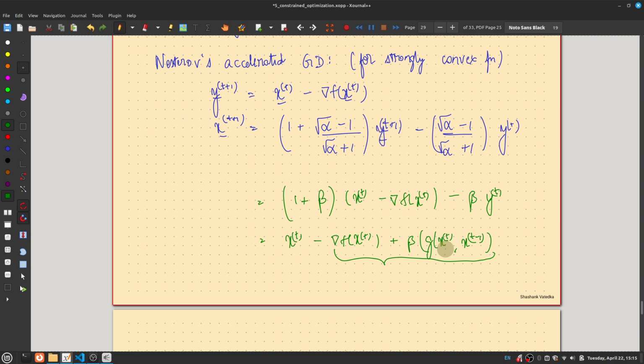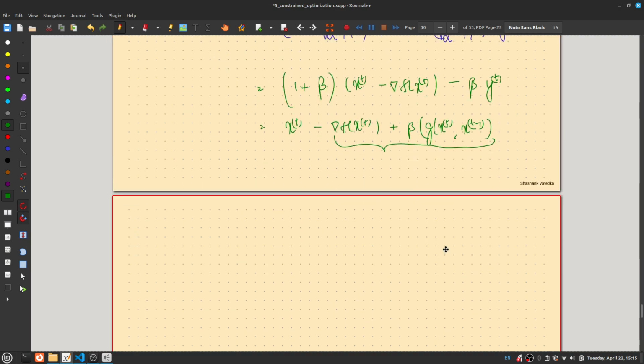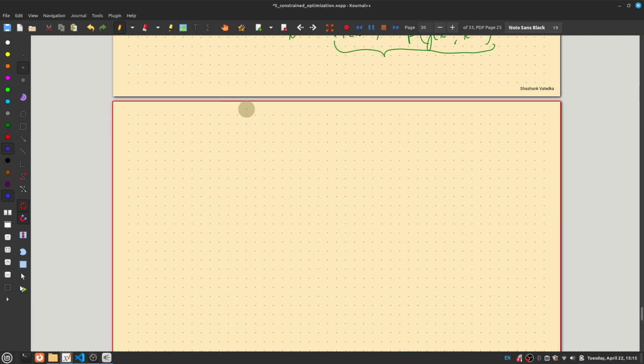Right? So to see the behavior, let's take a concrete example and implement gradient descent and accelerated gradient descent. Okay? So let's take, say, the least squares problem. So the objective function is minimize ||Ax minus b|| L2 norm square, where A is a full rank tall matrix.